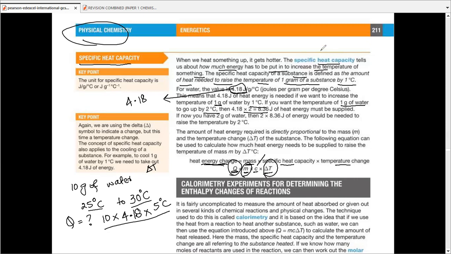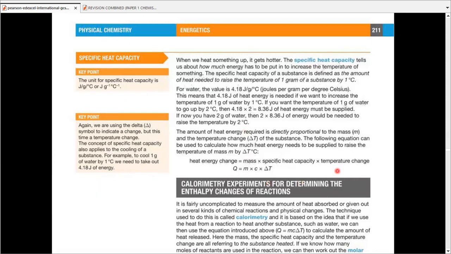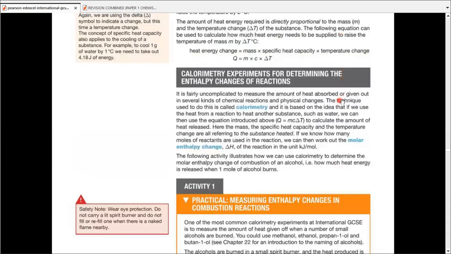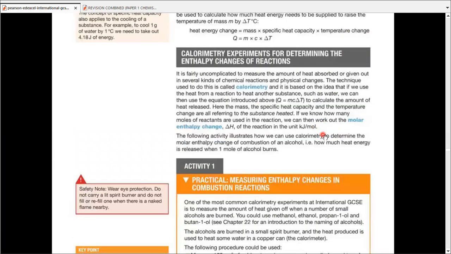Right, pretty easy. These kinds of questions have been a part of past papers, and I think these are very easy to get, but we are supposed to combine it with an actual experiment in lab. So what are those experiments called? We commonly call them calorimetry.